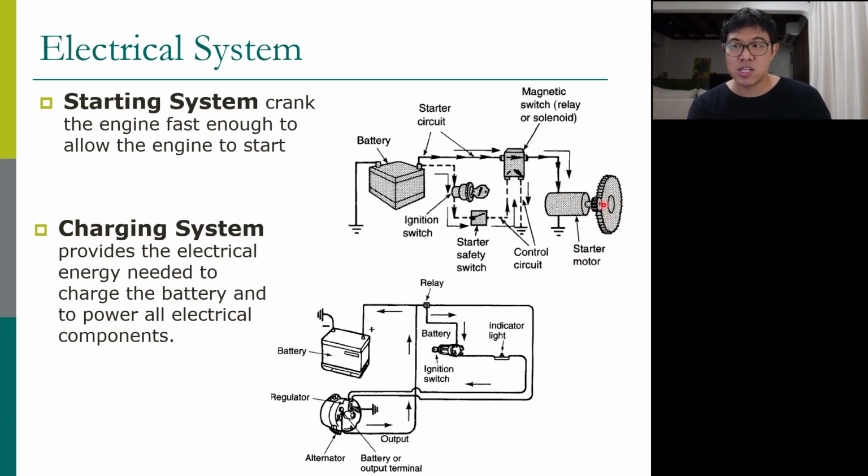This is the engine shaft. This starter motor gets power from the battery using this solenoid or relay. After you use power from the battery to start the engine, you have to charge the battery back using this system. We're going to talk more about that.